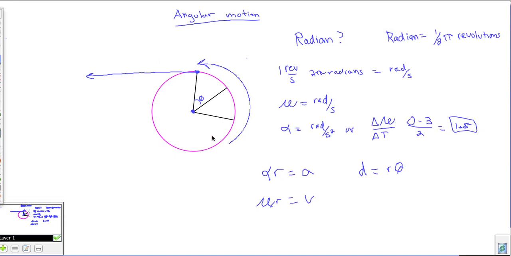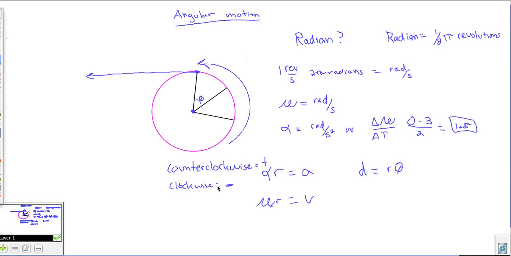Because these are all vector quantities, counterclockwise equals positive, and clockwise equals the negative direction. Don't ask me why. I'm not quite sure of the reason for that.